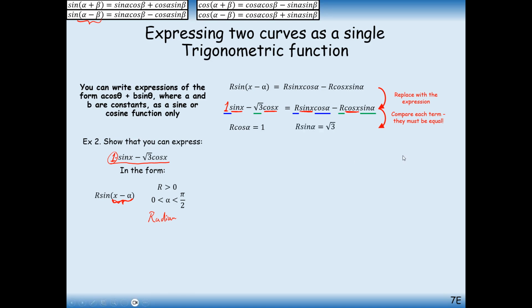Okay, so we draw ourselves a little right angle triangle here with angle alpha, and root 3 over R is the sine value, 1 over R is the cosine value.